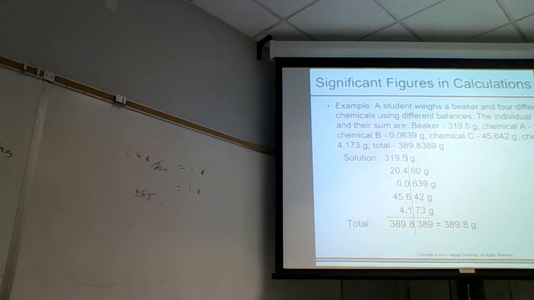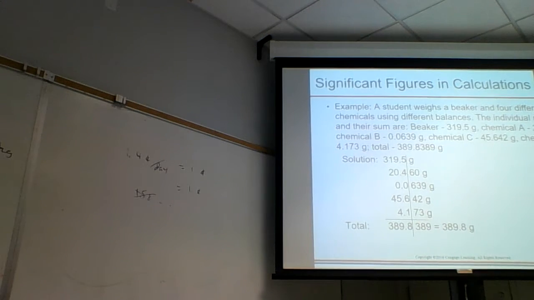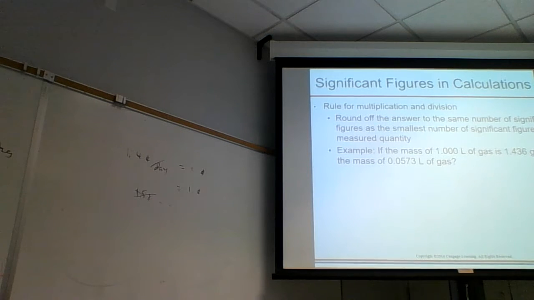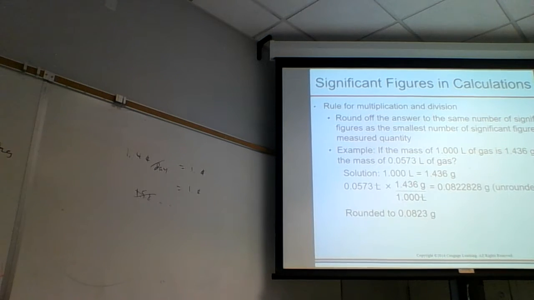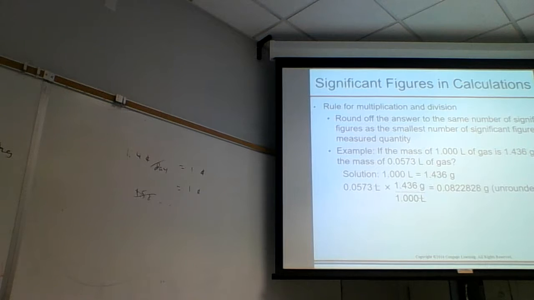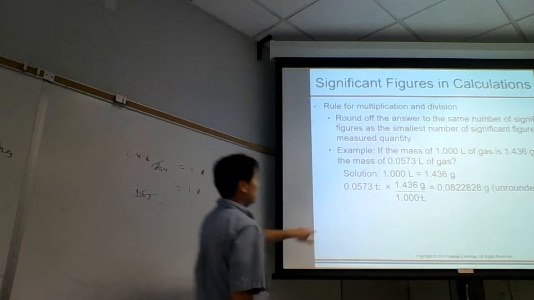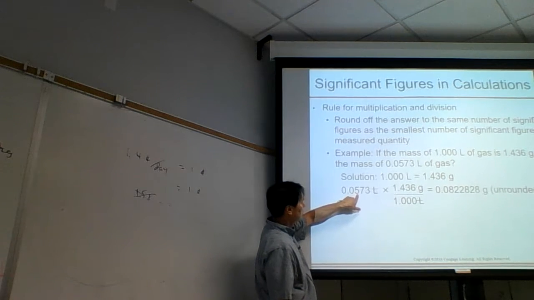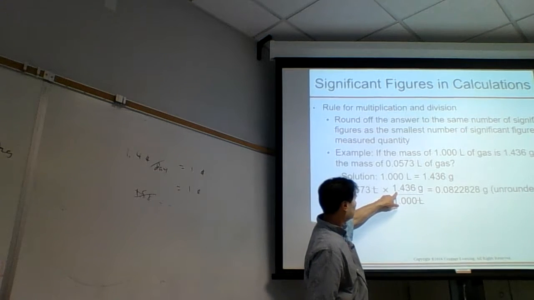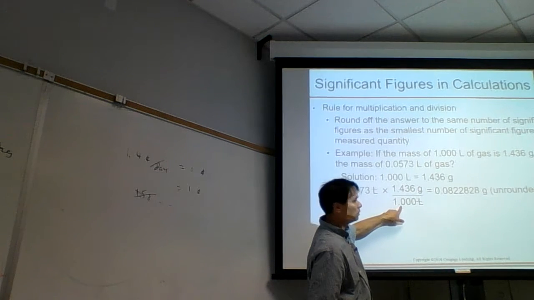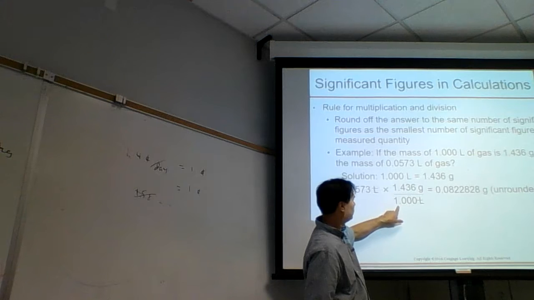That's addition and subtraction. For multiplication and division, we just care about the number of sig figs. And so let's take a look here. For multiplication and division, how many sig figs here? 3. Here? 4. Here? 4. 4 sig figs.